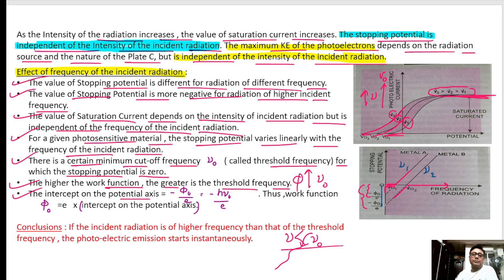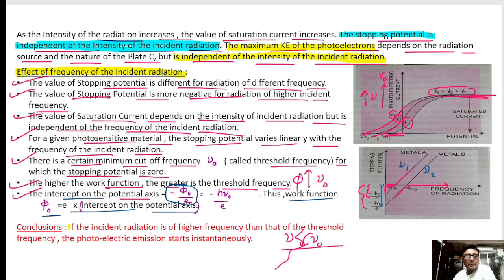So we can tell that the intercept on the stopping potential axis is minus phi 0 by e, where the work function phi 0 is equal to e times the intercept. That means this intercept is given as minus phi 0 by e.